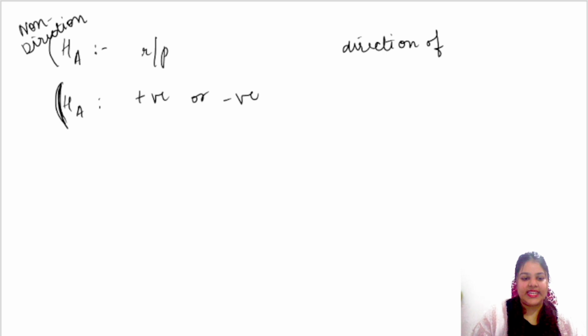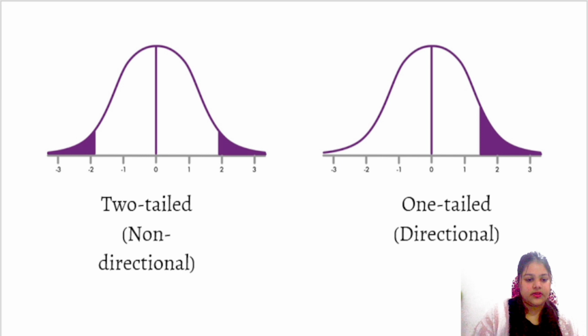Let me change my slide. Between these two normal probability curves, this curve basically tells us about the two-tailed hypothesis, and this is about the one-tailed hypothesis.